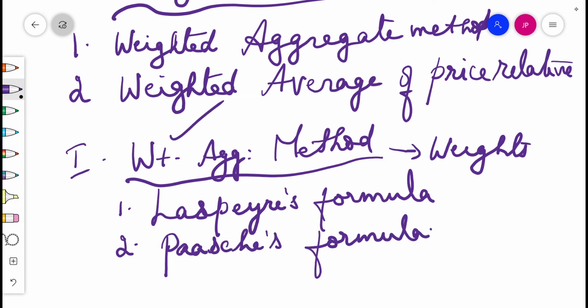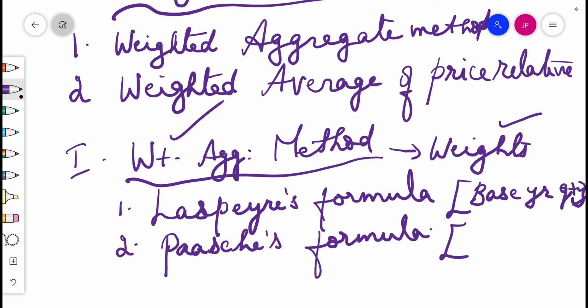Weights are given, isn't it? In the case of Laspeyres, base year quantities are taken as weights. Meanwhile, in the Paasche formula, current year quantities are taken into consideration. Therefore, their formulae are also based on that.